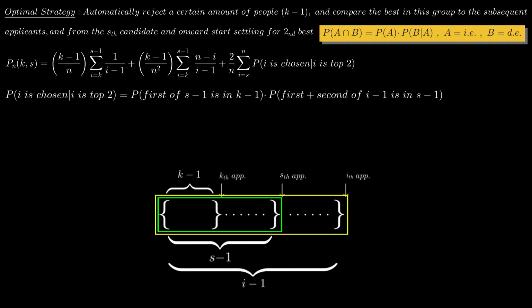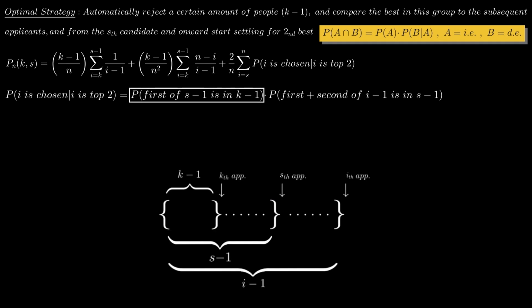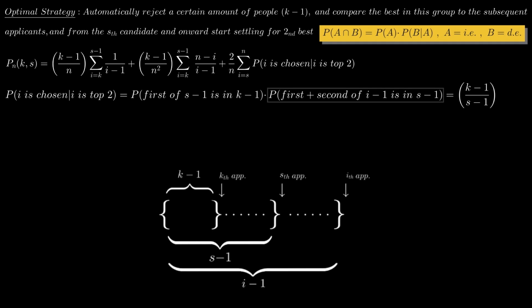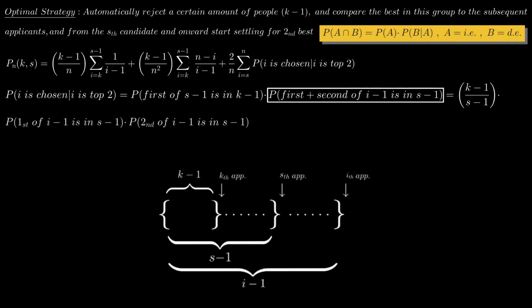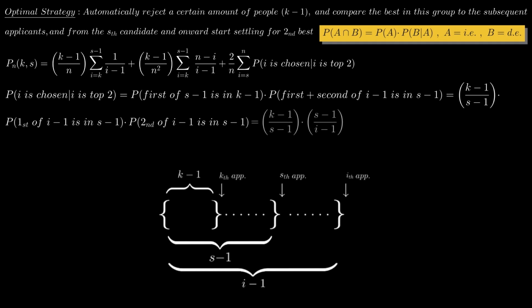I hope it does. So this probability here is the ratio of these two intervals, which is k minus 1 over s minus 1. And this one here is the probability that the first of I minus 1 is in s minus 1, times the probability that the second of I minus 1 is in s minus 1. And the probability that the first of I minus 1 is in s minus 1 is the ratio of these two intervals, s minus 1 over I minus 1.